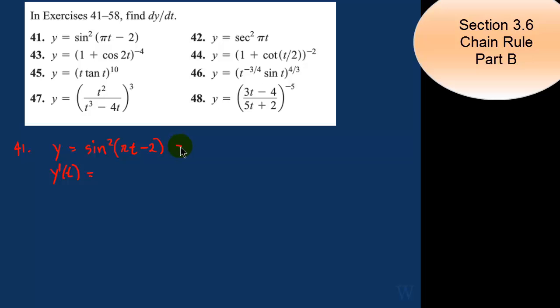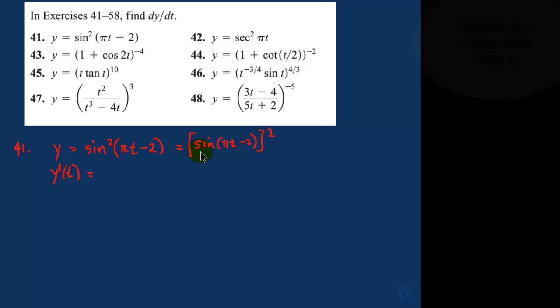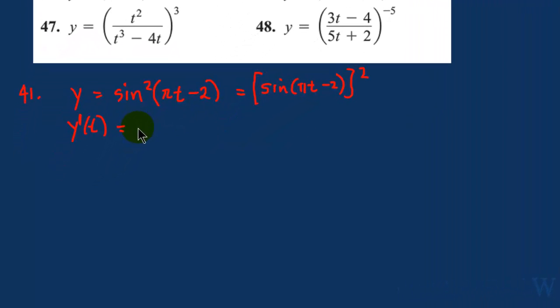So we can rewrite this as sine of pi t minus 2, whole thing raised to the second power. On the outside working in, we apply the power rule, which means I bring down 2, and I'll take sine of pi t minus 2 raised to the first power.